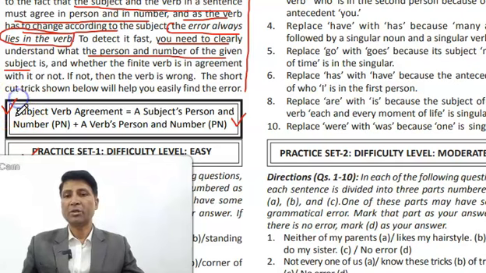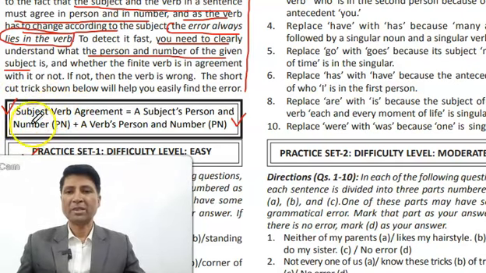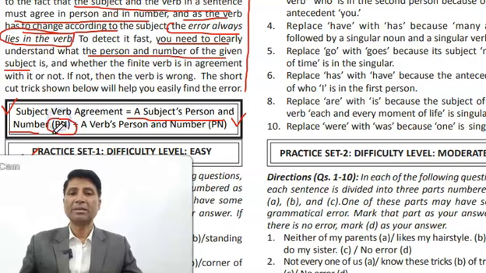After this trick, you look at this part. You memorize it completely. This formula states subject and verb agreement. If you do not want to read, subject and verb agreement is equal to a subject's person and number, let us call it PN, person and number, plus a verb's person and number.